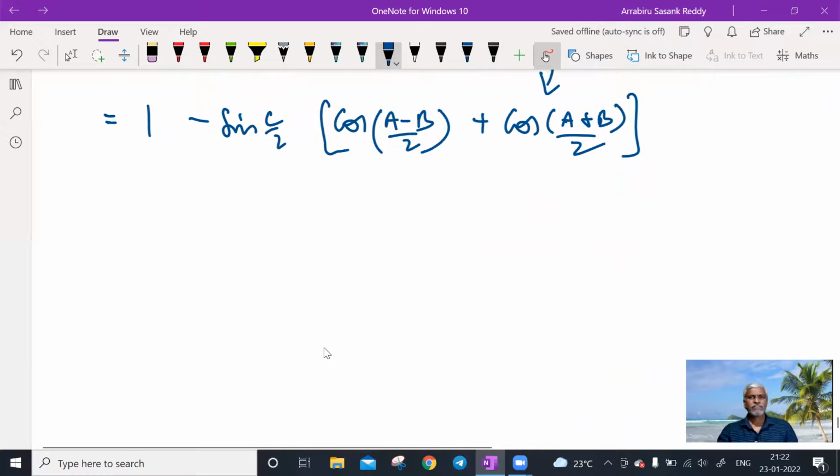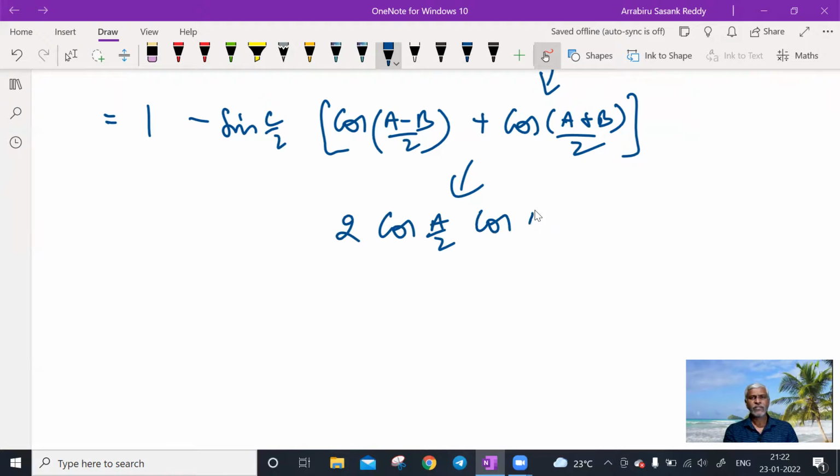Now, this is cos(a minus b) plus cos(a plus b), which is 2 cos a cos b, with angles a by 2 and b by 2, so 2 cos a by 2 cos b by 2 minus sin c by 2.